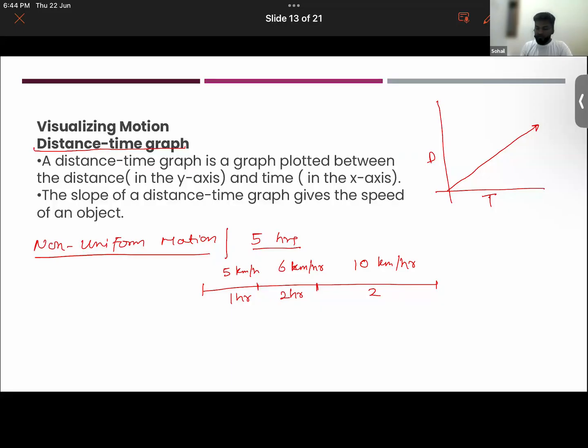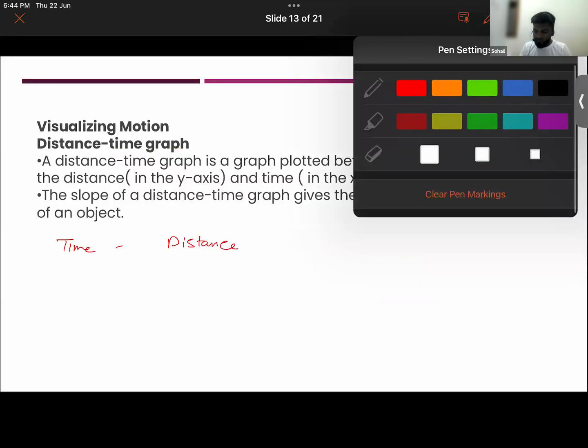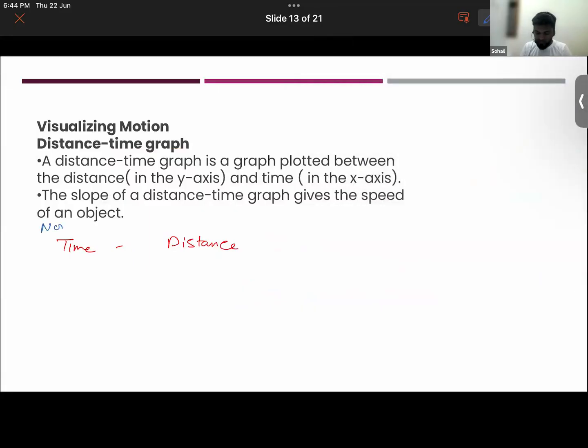Yes, sir. Okay, so let's draw a graph for one. Let's say I'm giving you a value here, time and distance. Remember we are talking about non-uniform motion here.